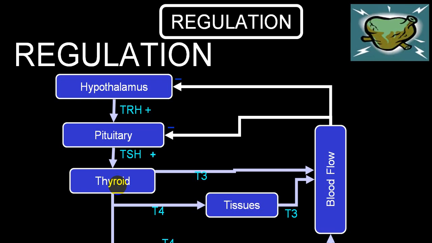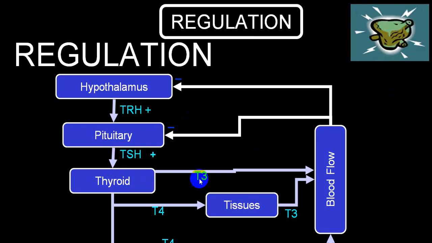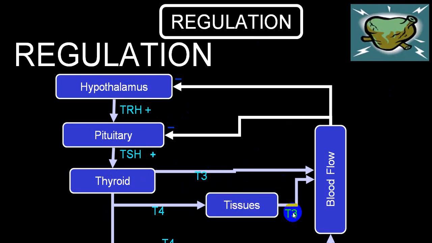Only 10% of the T3 is manufactured and released by the thyroid gland. 90% of the T3 is derived from conversion of T4 into T3. That T4 and T3 will circulate in the blood. T3 will act on peripheral tissue and give rise to the effect.